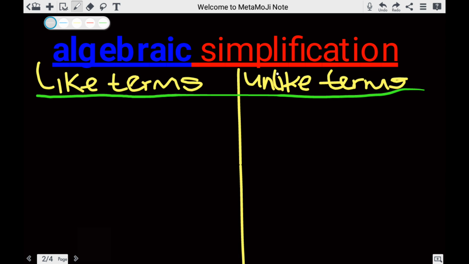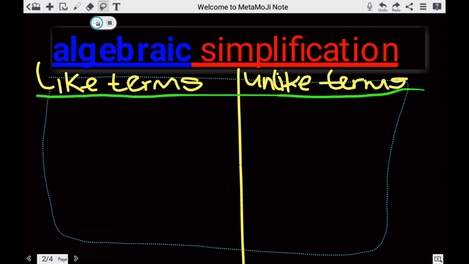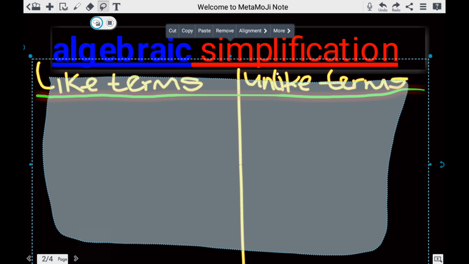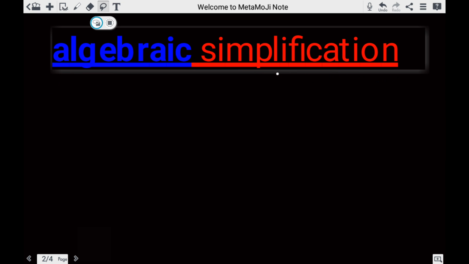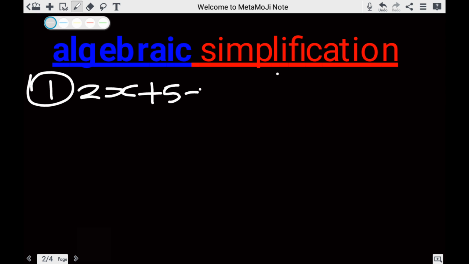Let's get rid of this like terms and unlike terms table. So let me remove it, and let's take this as number 1. Let's say we have 2s plus 5 minus s. 2s plus 5 minus s is what?